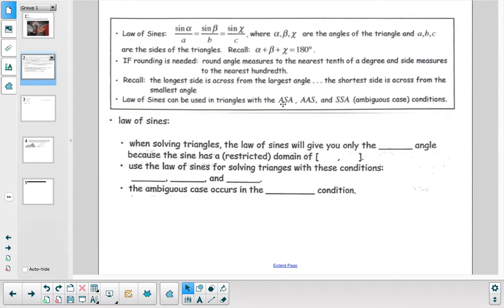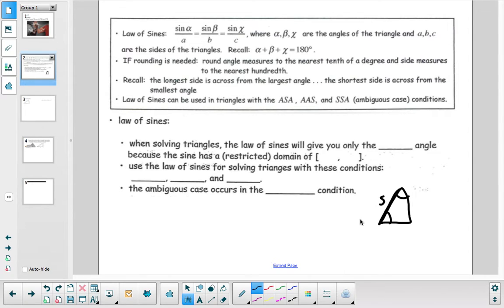If you're given angle side angle, this angle, this side, and this angle, you can use law of sines to find the other three missing pieces of information: this angle and these two sides.